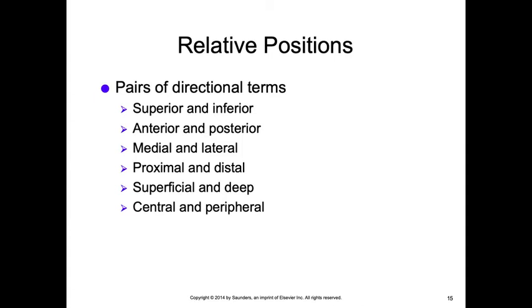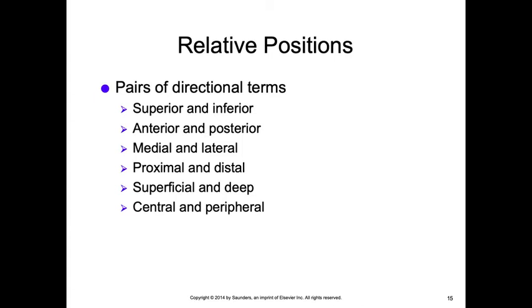So we would say, for instance, that your wrist is distal to your elbow, and your fingertips are distal to your wrist, and your elbow is proximal to your wrist. We would say that your knees are proximal to your ankles, and the tips of your toes are distal to your ankles.